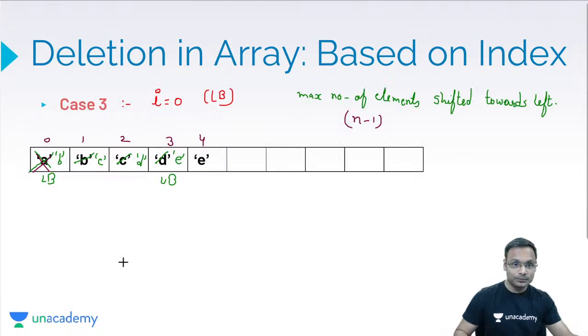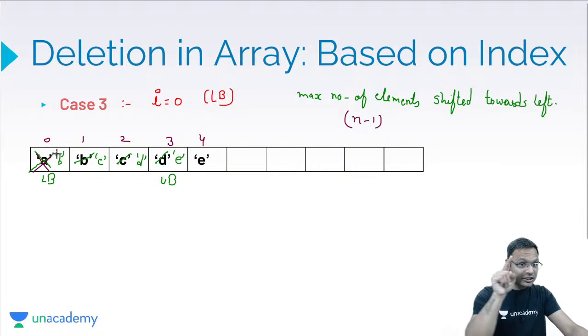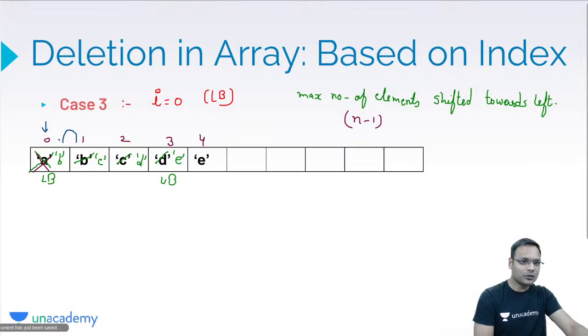If right now k is here, the k plus 1 index element should be copied to index k, then k plus plus, k comes here, this element is shifted here, and so on.